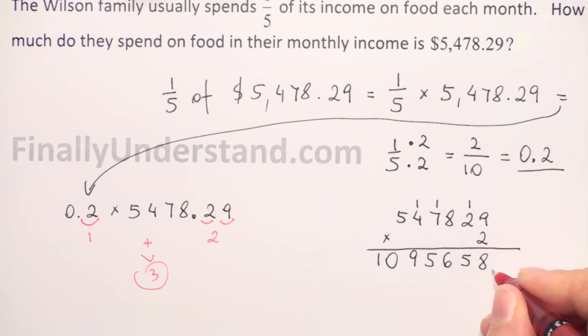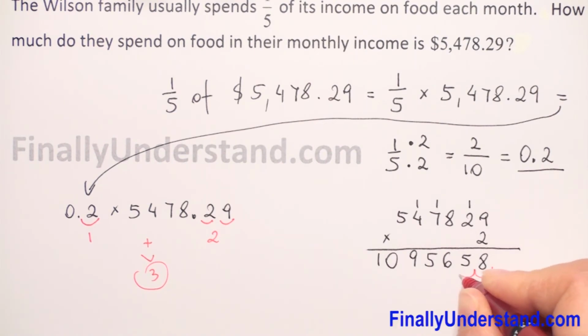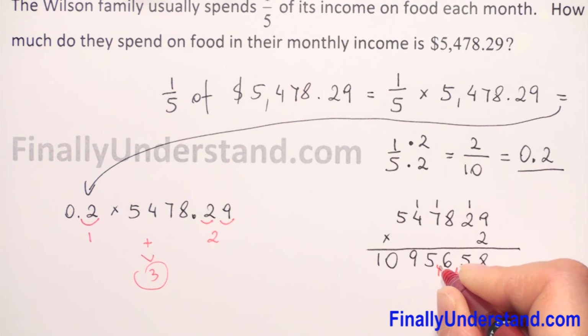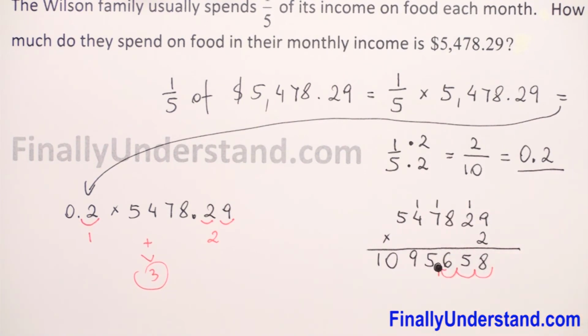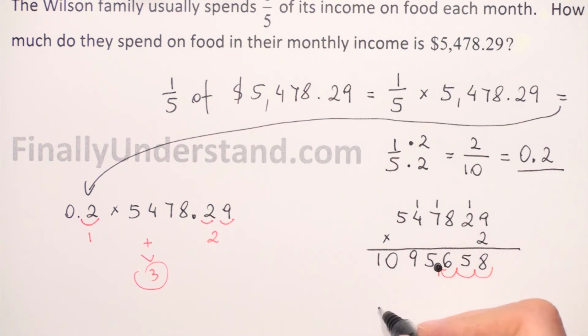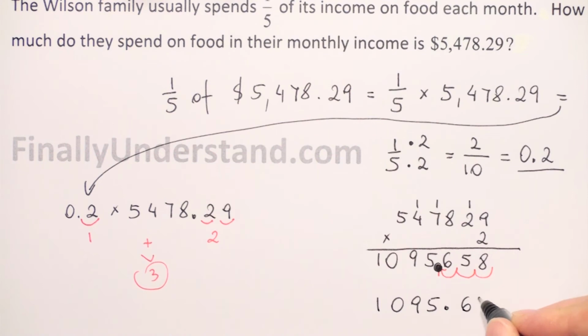We start to count from right to left: 1, 2, 3. So the decimal point will be between 5 and 6. So our solution will be 1095 decimal point 658.